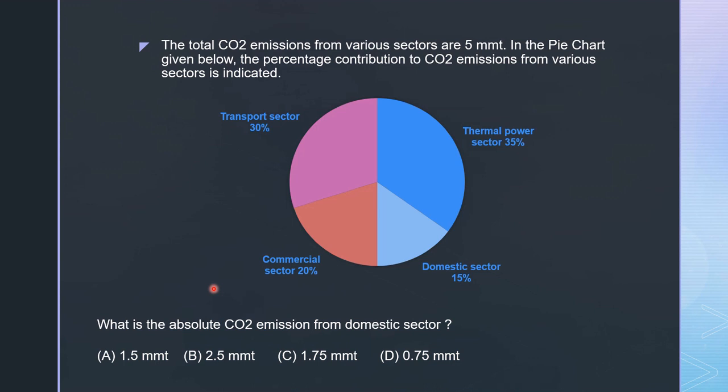So 5 into 15%, that means 5 into 15 divided by 100. How much? Then this value is the absolute CO2 emission from the domestic sector, right? So how do we solve? See you in the next slide.